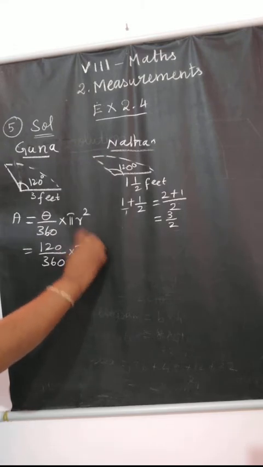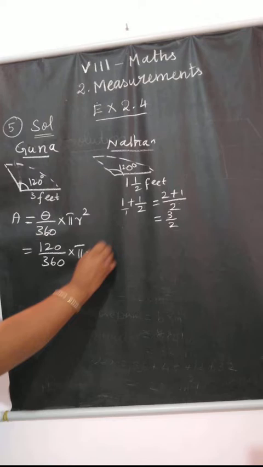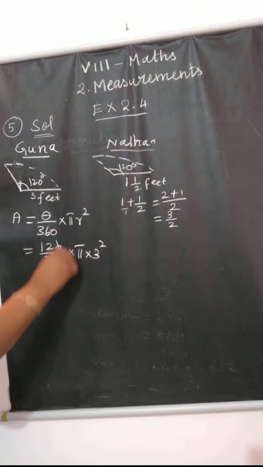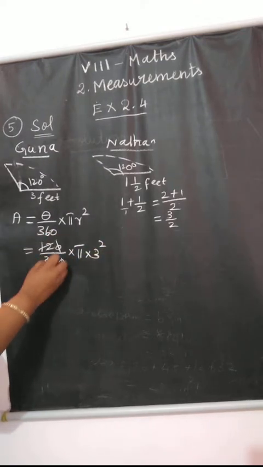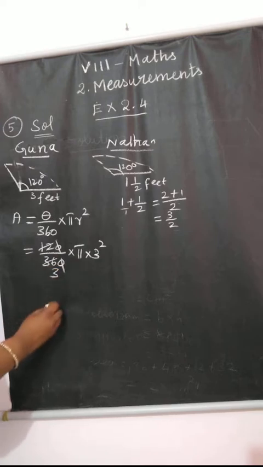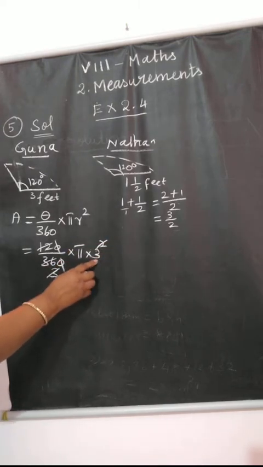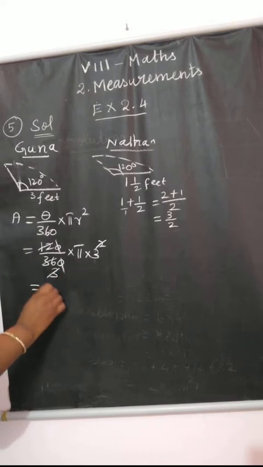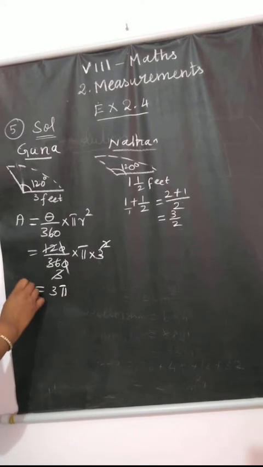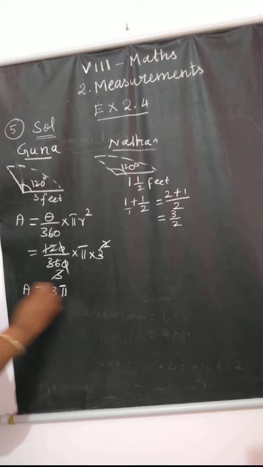Next r is equal to 3, so 3 squared. The zeros cancel: 12 ones are 12, 12 threes are 36. 3 ones are 3, so the 3s cancel. The remaining is 3 into pi. We get 3 pi. This is Guna's area.